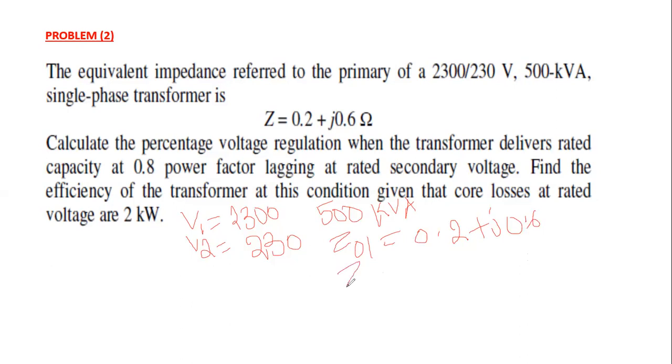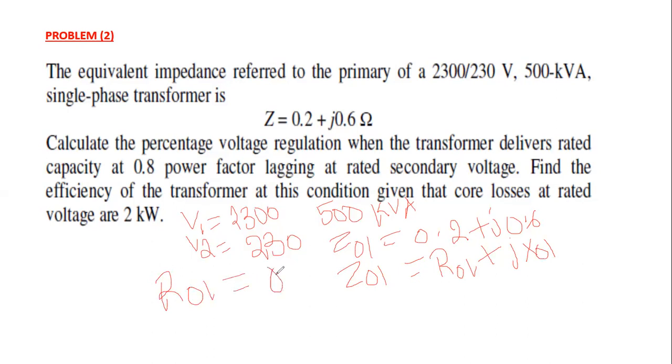Normally, what is the formula for Z01? Z01 is equal to R01 plus JX01. From this value, what is the R01?